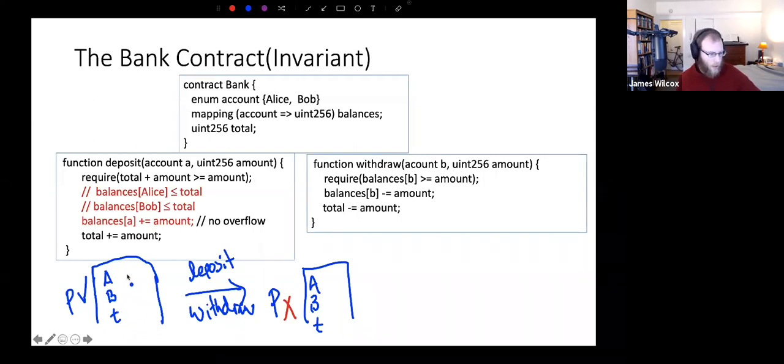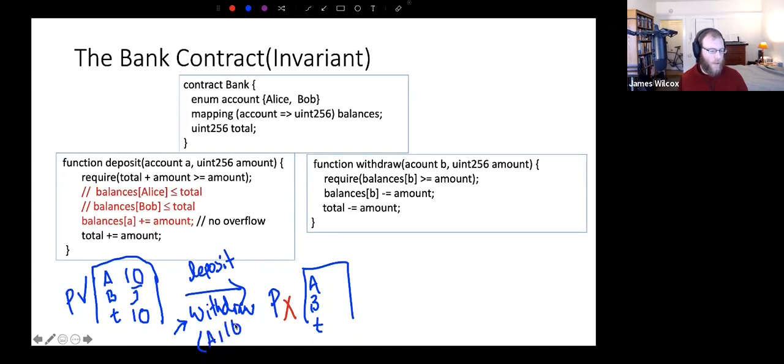So let's do some example. Let's say Alice has 10, Bob has 5, but for some reason the total is only 10. Okay, so the total is clearly wrong, right? This is not possible. It's not a reachable state, but it is a state. And what would happen if we took a withdraw step here, where we allowed Alice to withdraw 10?